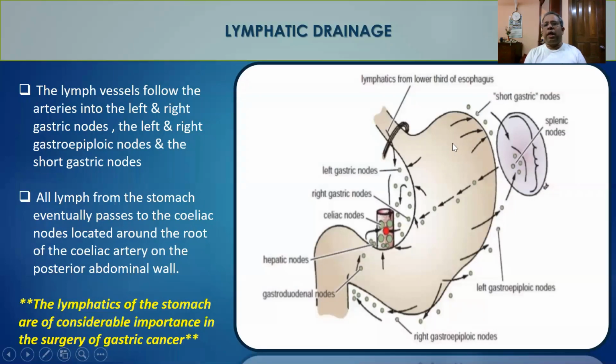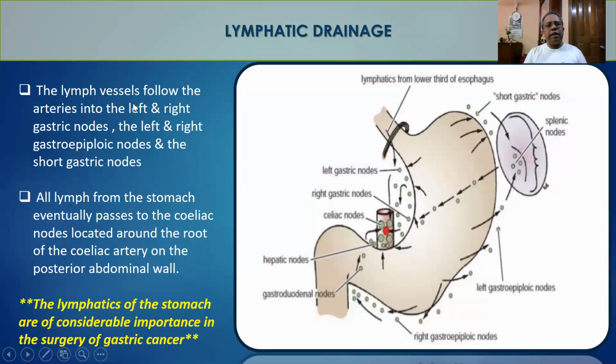Whenever a patient has a cancer in the stomach or GI tract, our main aim is to remove the cancer site along with the normal proximal and distal sides of the organ, and en bloc excision of the mesentery along with the lymph nodes. So there are no remaining malignant cells. The patient becomes cured if you treat the disease early. For that reason, everybody must know the anatomy of the lymphatic drainage.